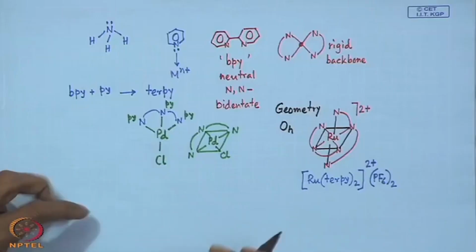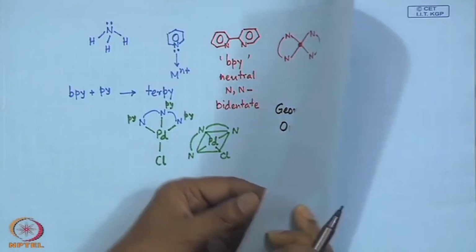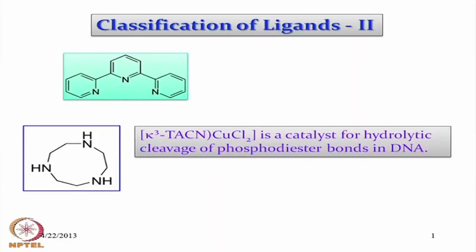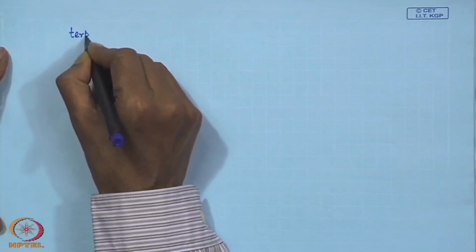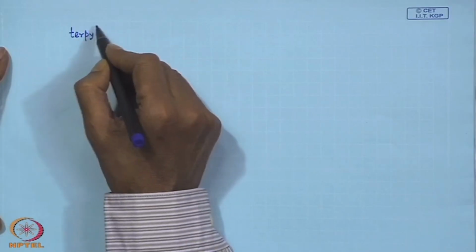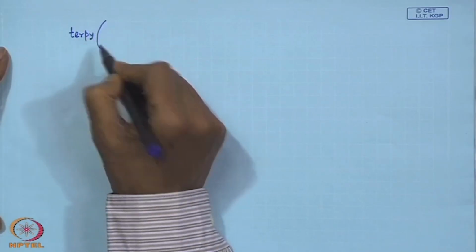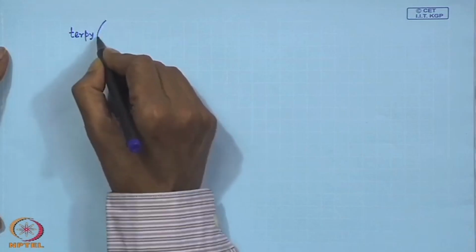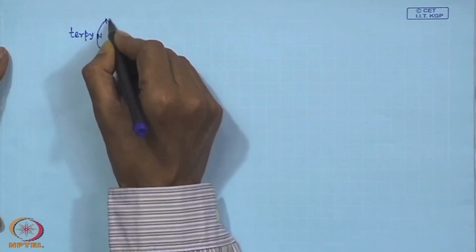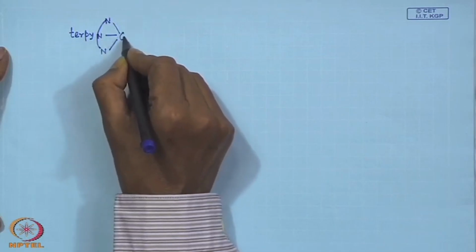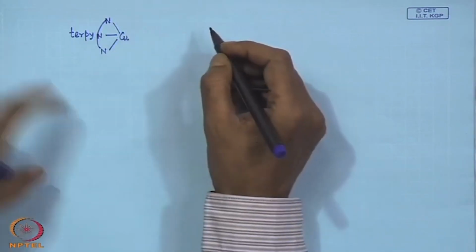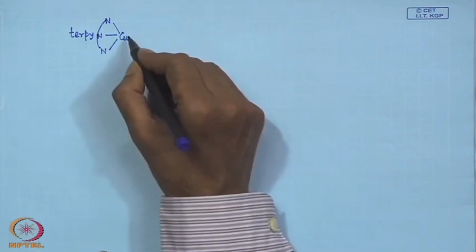What we see in this particular case is that when we have bipyridyl or terpyridyl type of ligand, we can simply say that terpyridine is there, and which is providing us 3 nitrogen donor atoms, and they are forming 3 bonds in one particular plane.